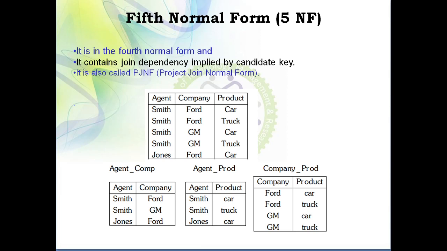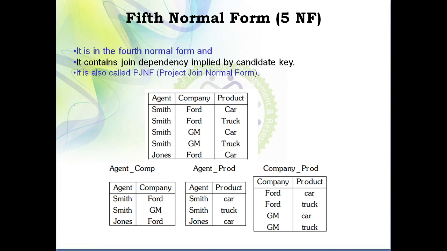As this table has joint dependency, that's why it is in fifth normal form. And how do you come to know that this table is in fifth normal form? Because there exists joint dependency. And how do I come to know that there exists joint dependency? Because after dividing this table into three subtables and combining them, I get the original table back. That's why there exists joint dependency. And if there exists joint dependency, that means this table is in fifth normal form.